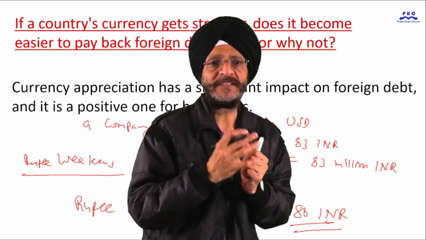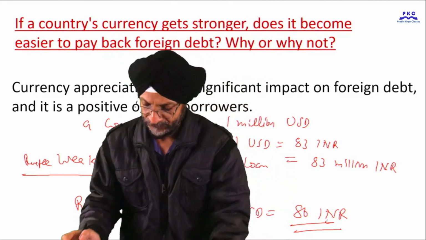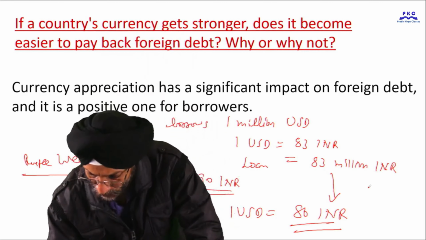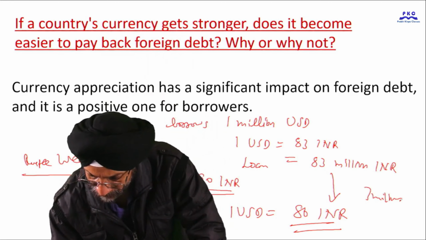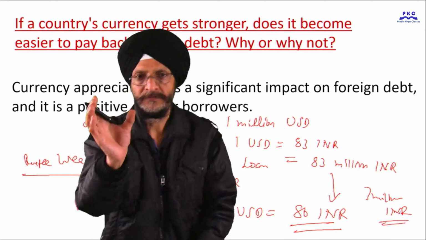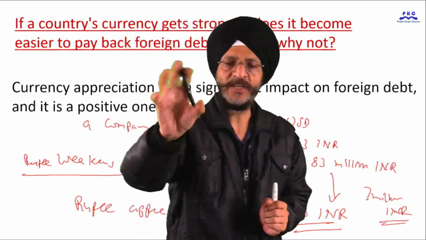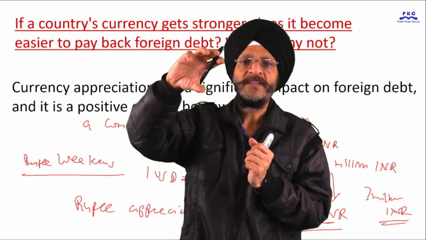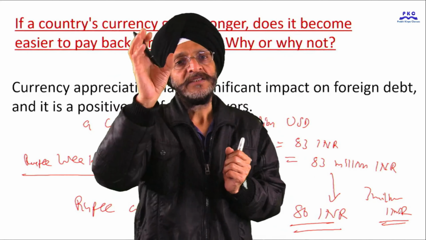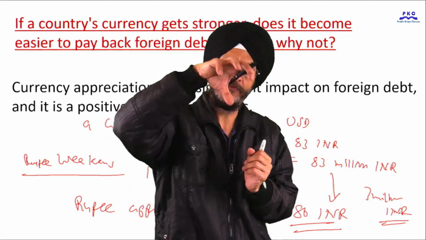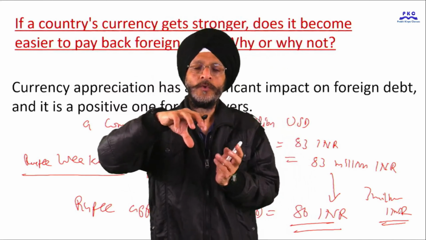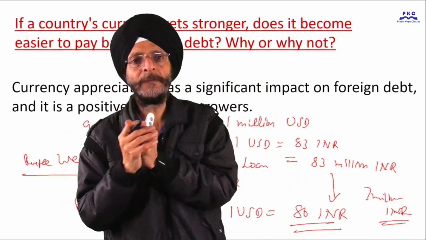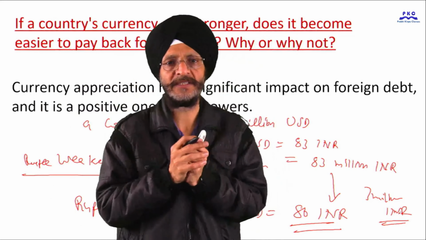Now, when the rupee has appreciated, there is a difference of 3 million Indian rupees, or some adjustments may be there in the shape of interest. So less will have to be paid. This difference in the amount leaves financial resources for the government to use for infrastructure or some other development or social security measures.